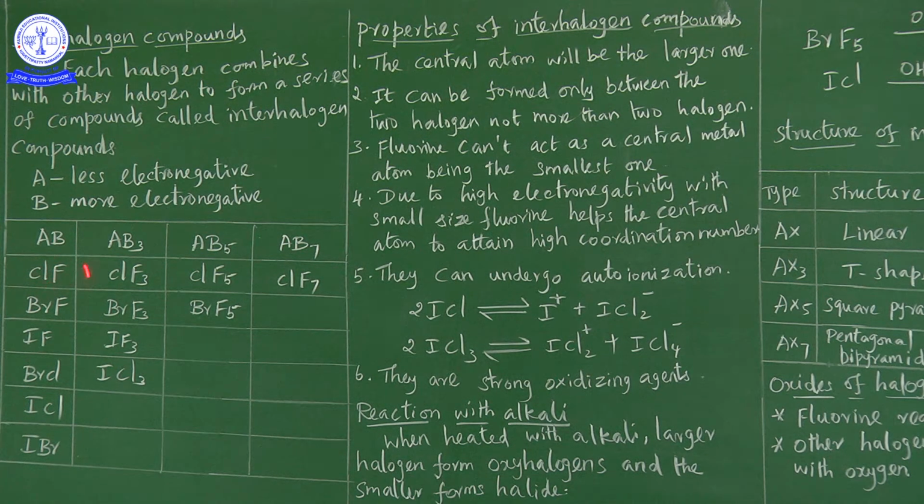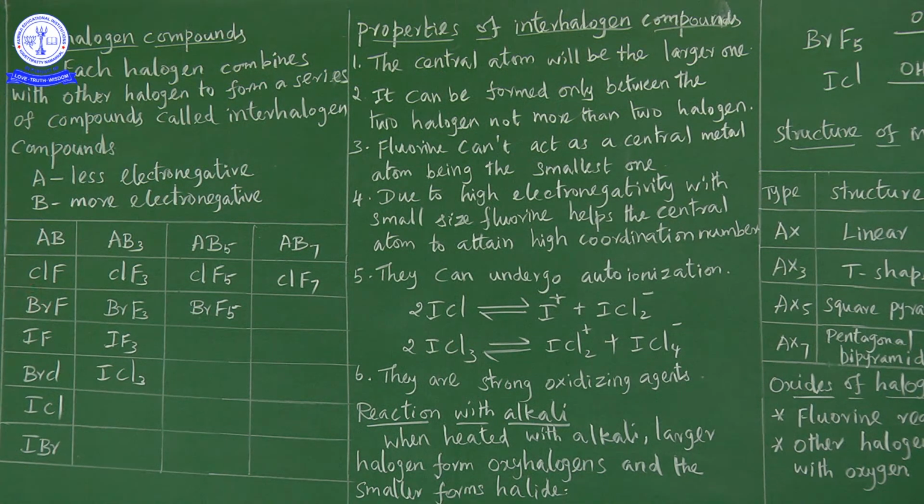It can form the interhalogen compounds, chlorine being the central atom. ஸோ it forms ClF, ClF3, ClF5, ClF7. So chlorine being the central atom, it forms 4 types of interhalogen compounds.